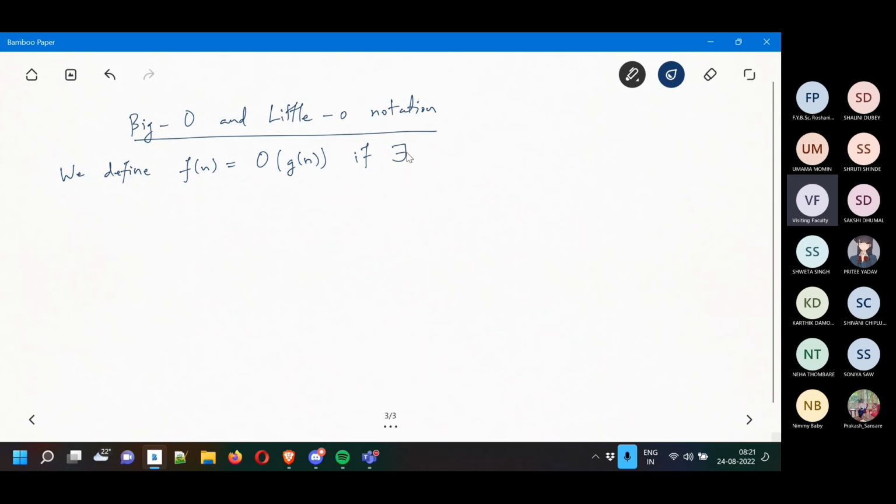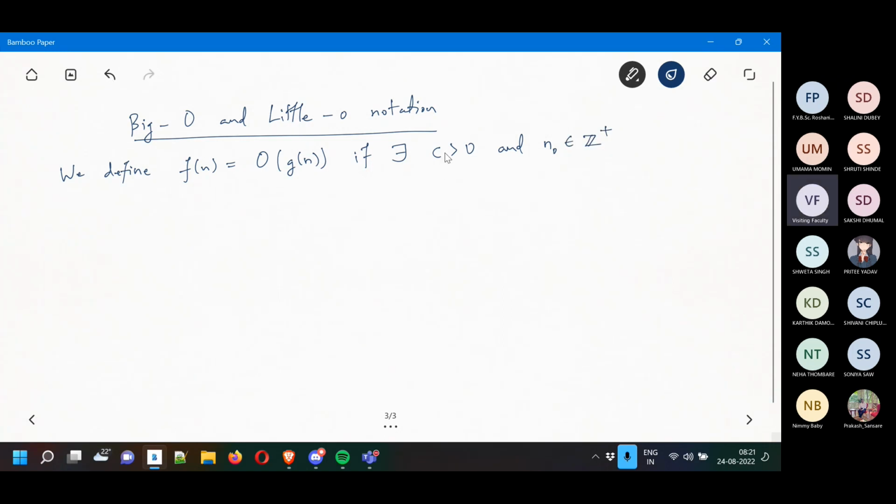So if there exists a constant c greater than 0 and n naught a positive integer, you know that.